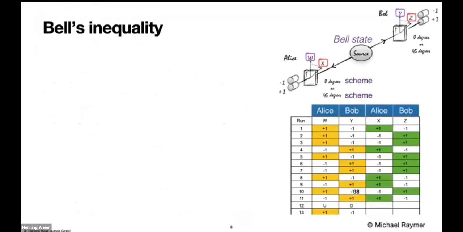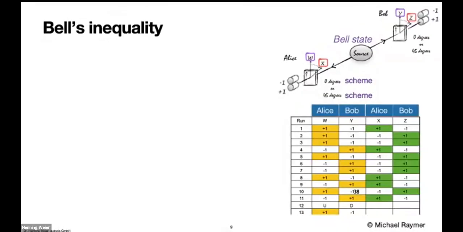I've taken a few images from Professor Raymer's slides to connect there again, and this is what he's just shown us. How we could do this if we had calcite crystals on each side, right? And then we have these 4 settings, W, X on Alice's side and Y and Z on Bob's side.